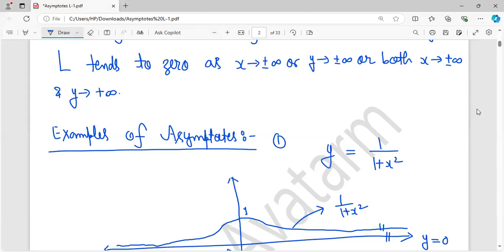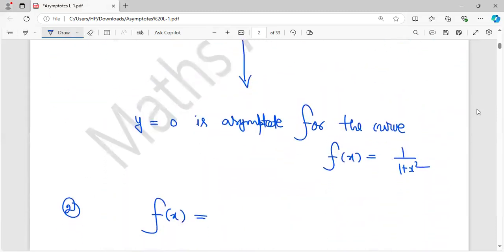Okay. So y is equal to 0 is an asymptote for this curve or function, you can say. So I'm writing y. Okay.